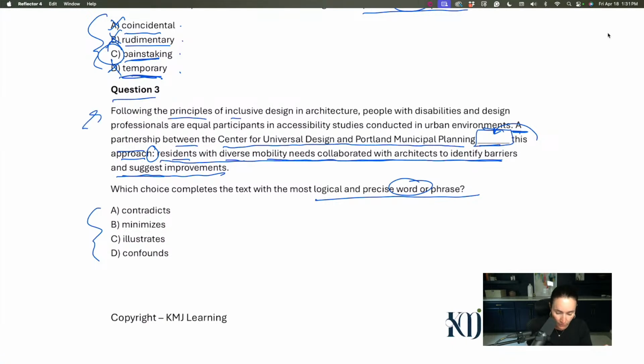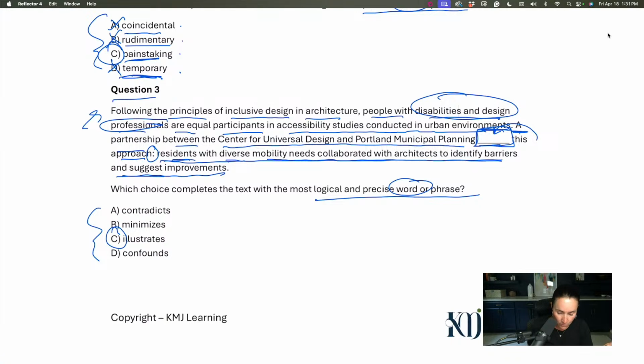Following the principles of inclusive design and architecture, people with disabilities and design professionals are equal participants in accessibility studies conducted in urban environments. So they're saying people with disabilities and those who are professionals are working together. And then it says this partnership between these people blanks this approach, kind of showcases it, sort of illustrates it.